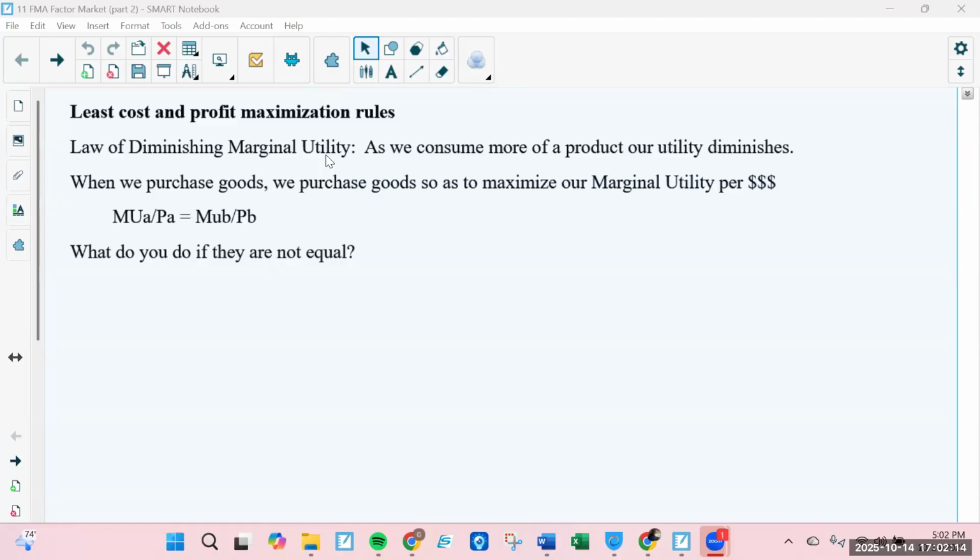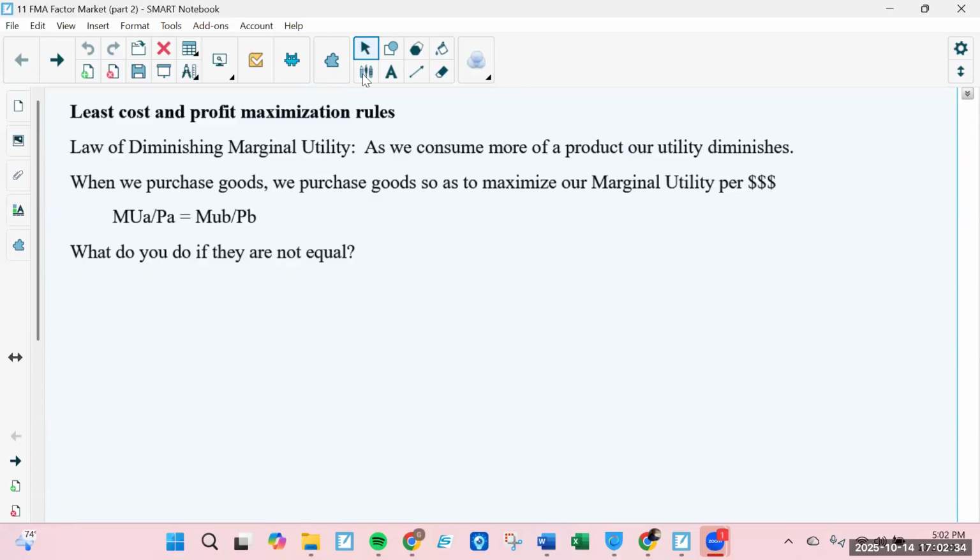That's diminishing marginal utility. And then we went from there and said there's this utility maximization theory that said that when you are consuming or buying two different goods, you should consume them so that the marginal utility per dollar of each of them is the same.